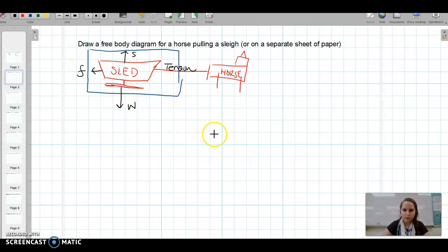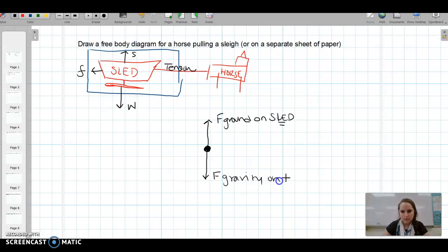Okay, sweet. So let's use our object on object notation and draw an FBD. So we start with our dot, and we know that there is the force of the ground or of the earth on the sled, right? Again, the sled is the object, and then we have the force of gravity on the sled. Sweet.